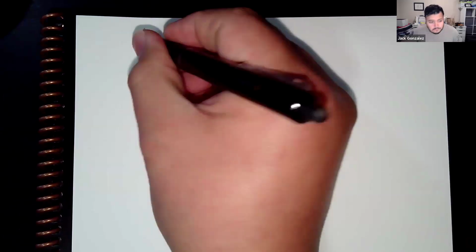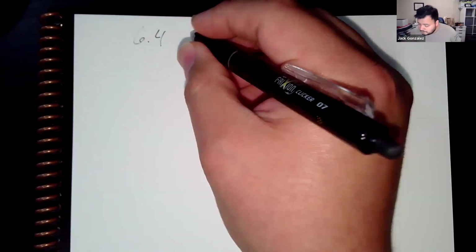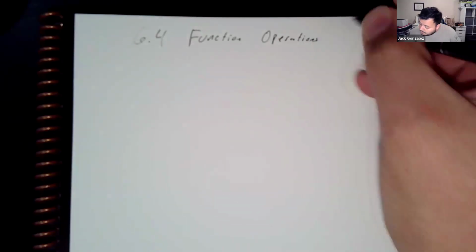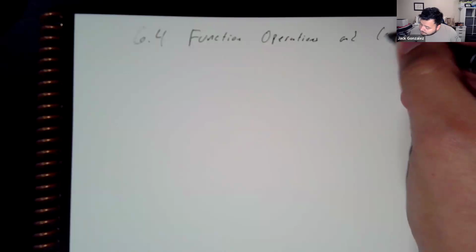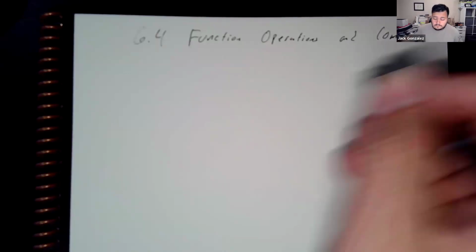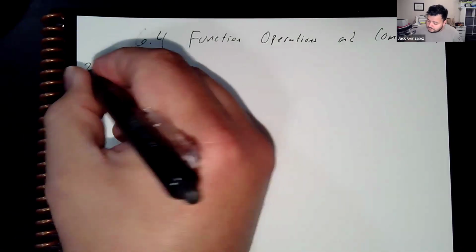We said this is 6.4. We got the title. Check. Function operations and composition. This is number 2 from the homework.